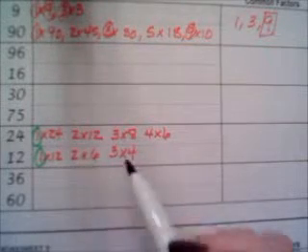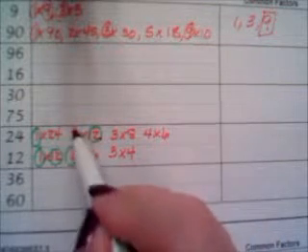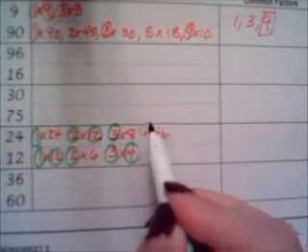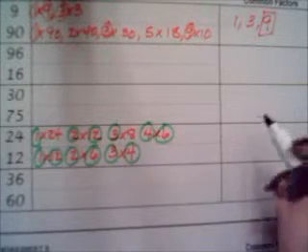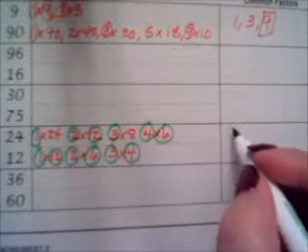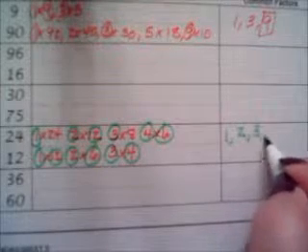So here we can see they share 1. Okay, they both share 12. They both share 2. And they both share 3. They both share 4. And they both share 6.